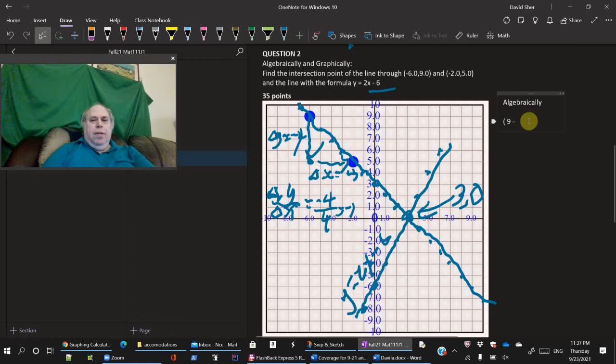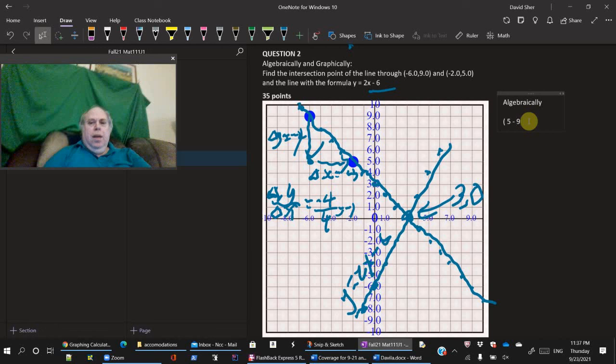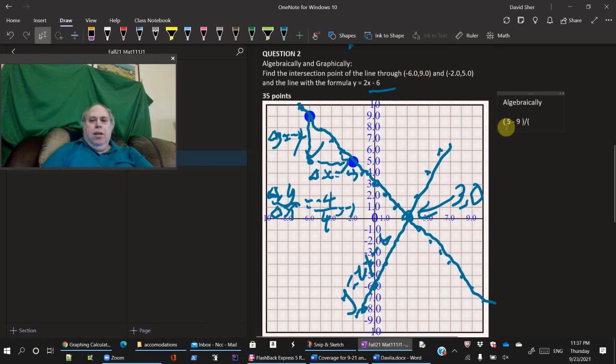I'm just going to write y2, which is 5, minus y1, which is 9, divided by x2, which is minus 2, minus x1, which is negative 6. I plug that into my calculator, and that gives me negative 1 as the slope for this line.